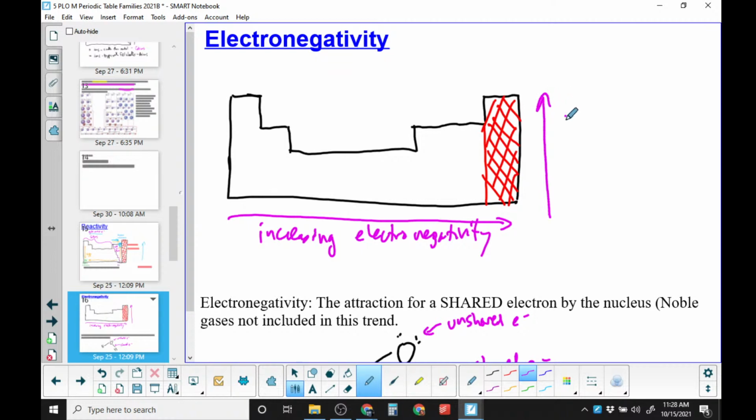Excellent. Up. Increase. What is the reason for the increasing electronegativity as you go up?